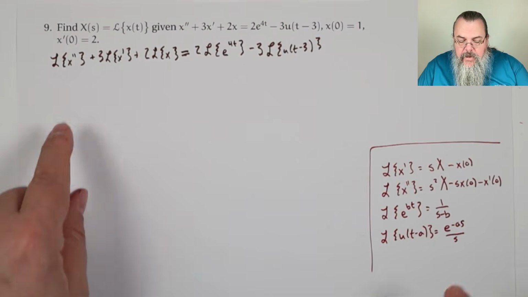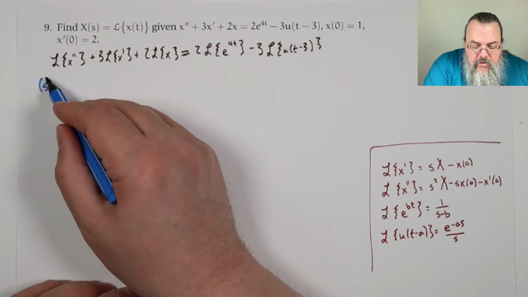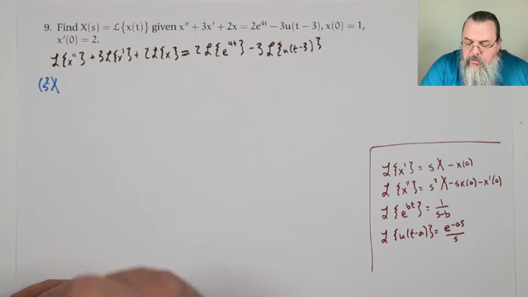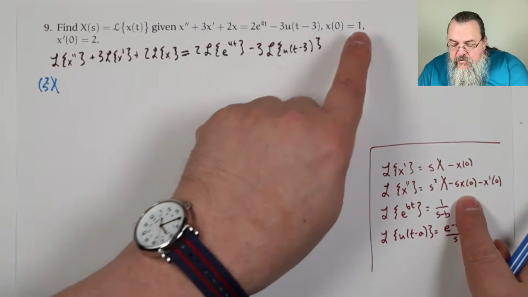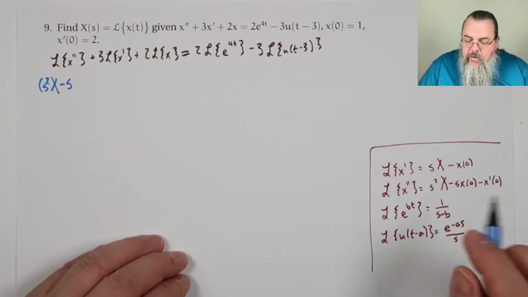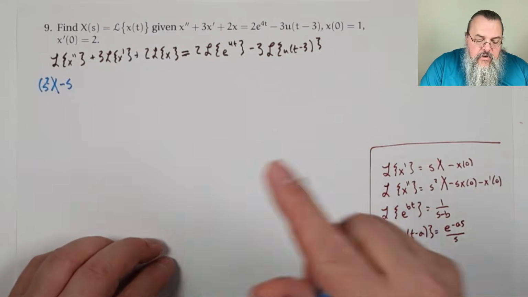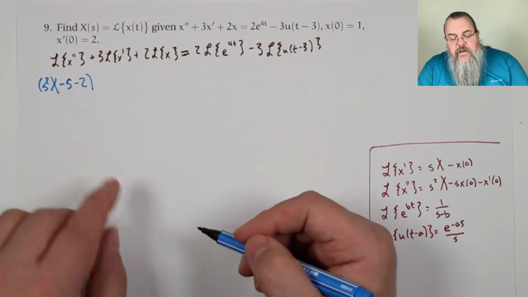So x''. This will be s²X, which is what we're going to solve for, minus s times x(0). So minus s. Minus x'(0), so minus 2. Right? Be careful.